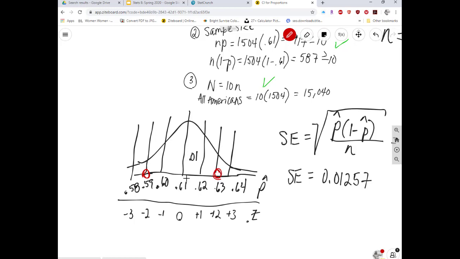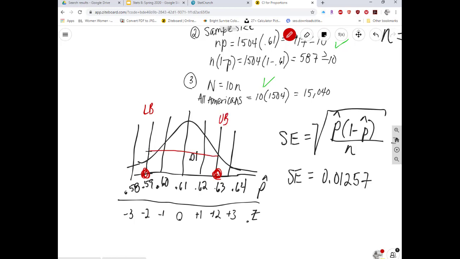So that I can say, I think that the true population proportion is 61%, but I am 95% confident that the truth is somewhere kind of close. Remember, we're rounding, approximately between 59% and 63%. Okay, this is my low and this is my high. And this is called the lower bound, and this is called the upper bound.